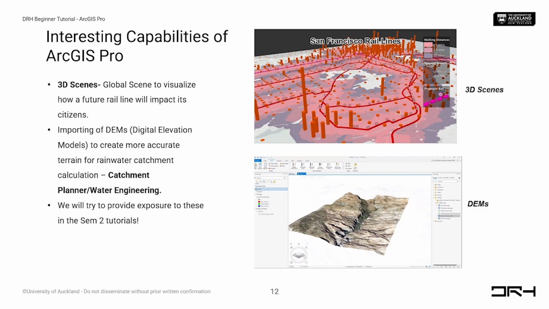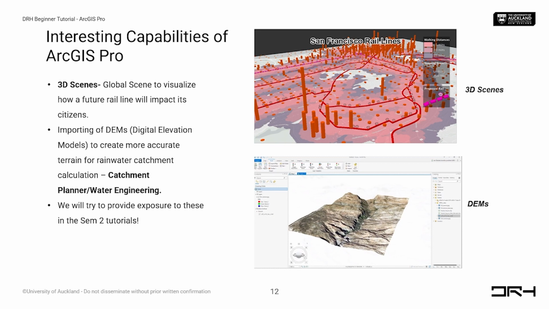The topography you get by default on ArcGIS is accurate, but not as accurate as the ones you get from Auckland Council, obviously. So you can bring those in, and you can, for example, do rainwater catchment calculations, which is quite essential for water engineers. Some of my water engineer friends do use ArcGIS for that kind of stuff.